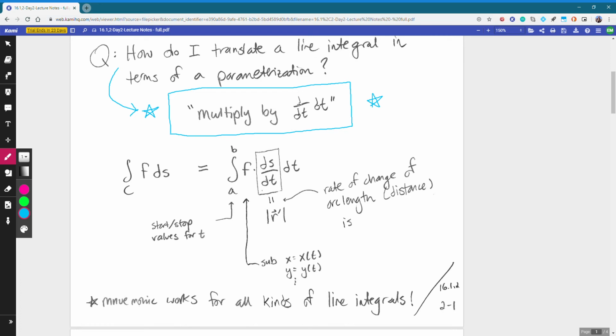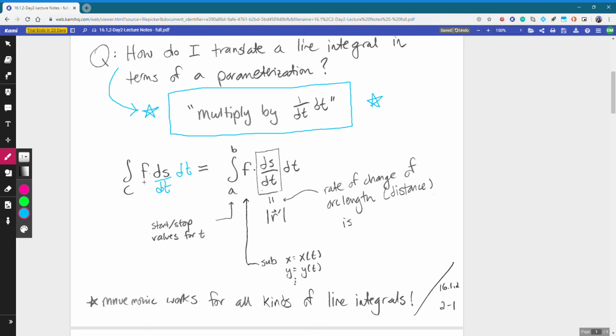And the idea is that this 1 over dt is going to slide underneath our ds. And what we're staring at now is our function times ds dt, dt. And this, I claim, is showing us what our line integral translates to.